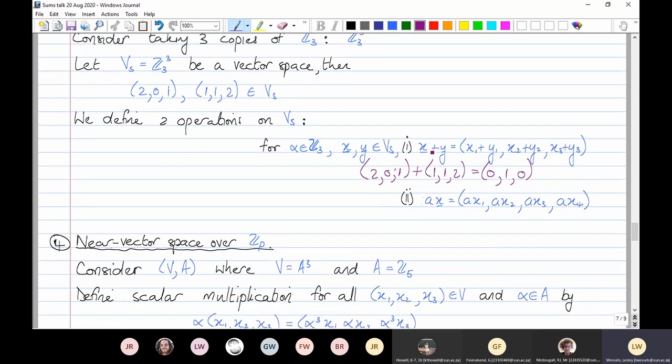And we have scalar multiplication for a in Z3. Let's say a is 2, and I multiply it with (2, 0, 1). I get 4, but in Z3 that's 1, then 0, and 2.